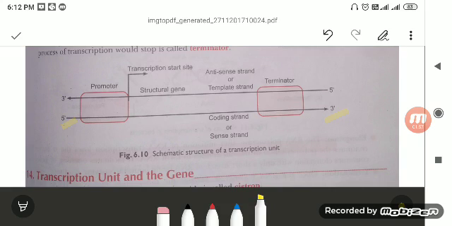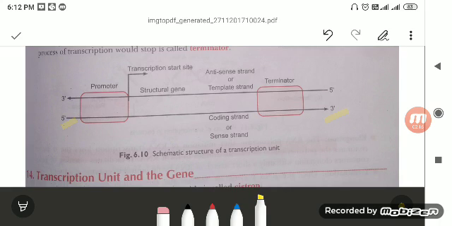DNA is double stranded but RNA is single stranded. So only one strand will participate in the synthesis of single stranded RNA. And as we know, the polarity of the formation of a new strand is from 5' to 3'.